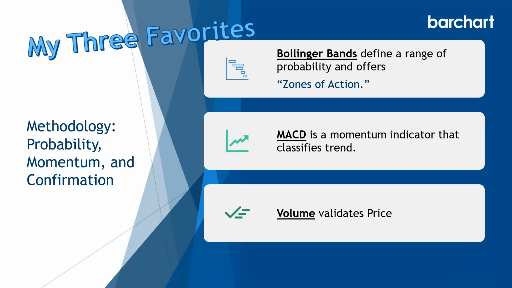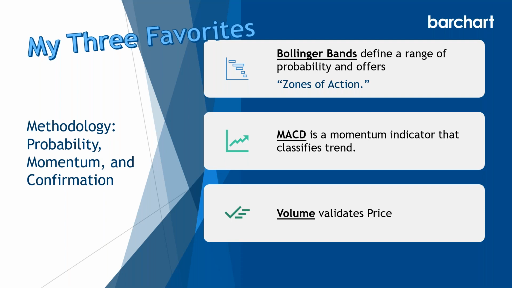Okay, so what are my three favorite indicators? Well, first, Bollinger Bands, which are going to determine a range of probability, and they're going to help classify areas where actionable setups may, let me say that again, may develop. I'm going to use moving average convergence divergence, MACD as it's commonly referred to.